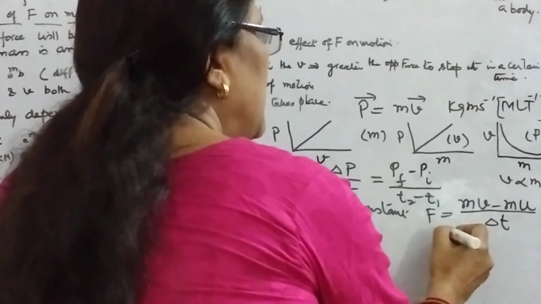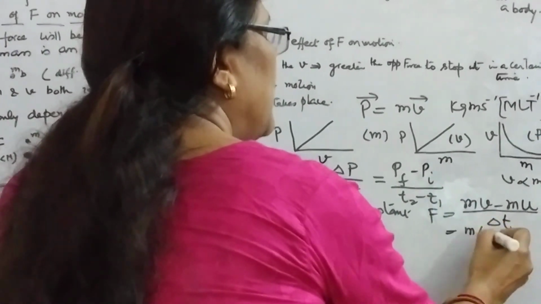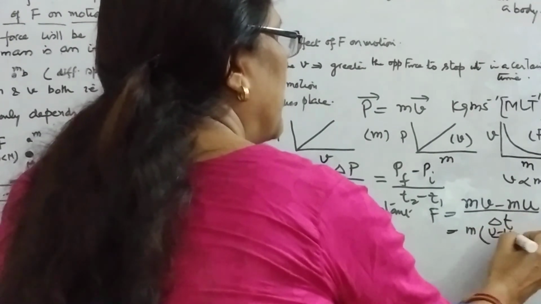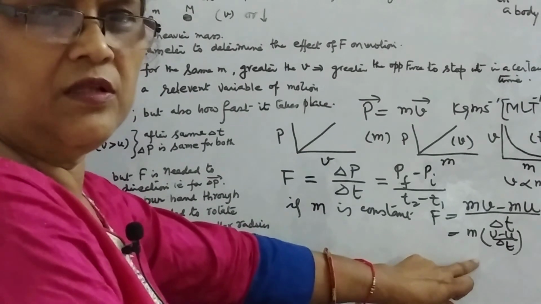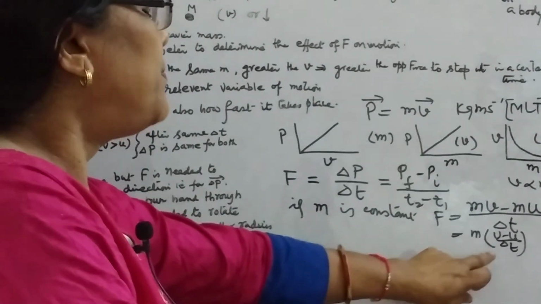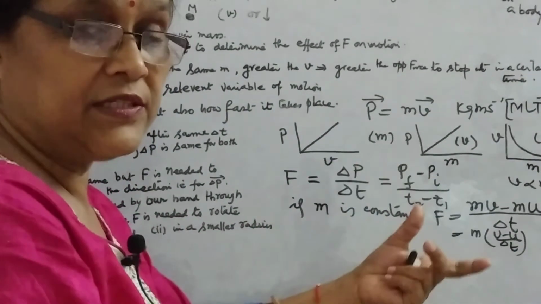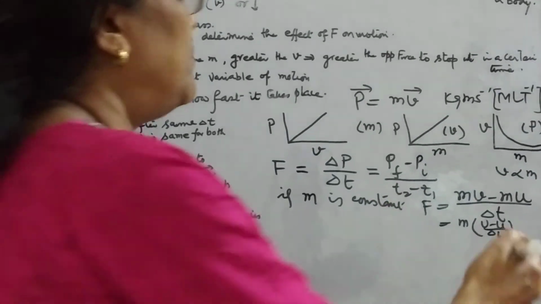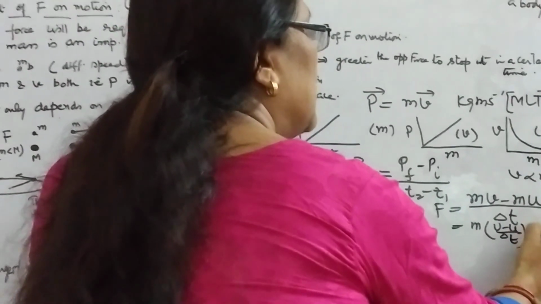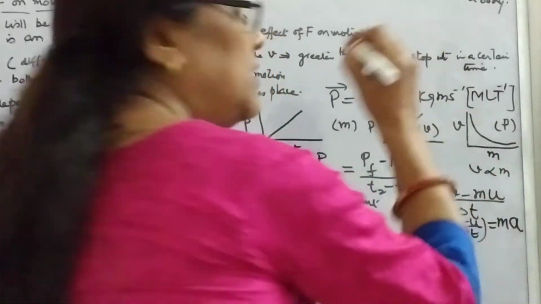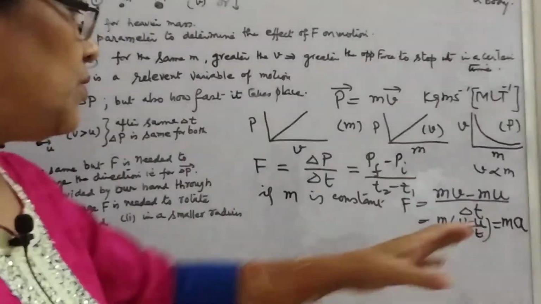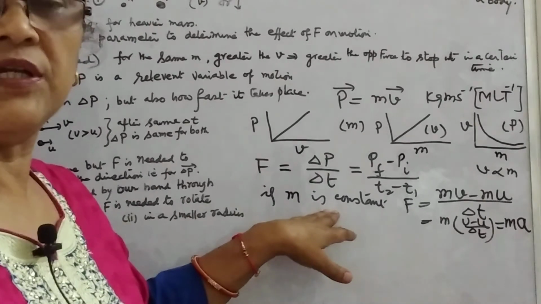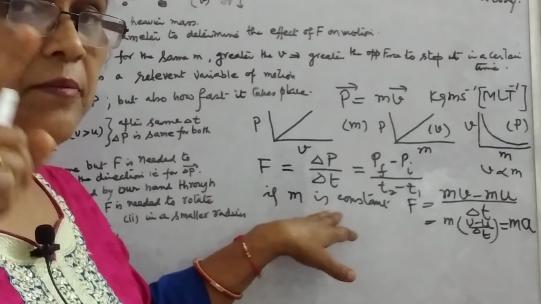Taking m common, you get m times v minus u upon delta T, and v minus u upon delta T is the acceleration. So finally you get mass into acceleration. And this is true only when m is constant.